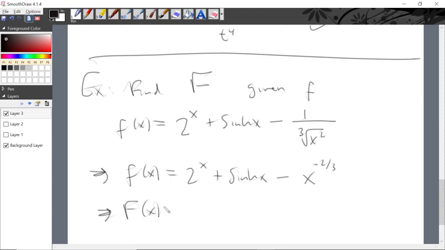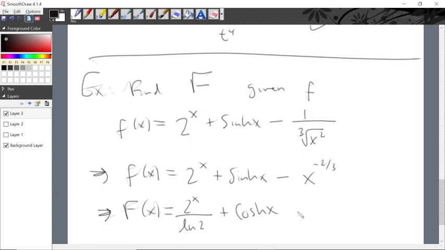So big F of x is equal to 2 to the x divided by the natural log of 2 plus, right, which function has sinh as its derivative? That would be cosh.